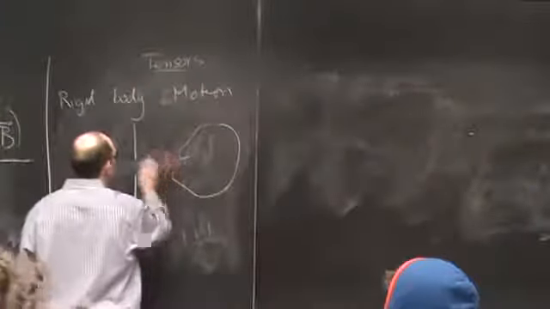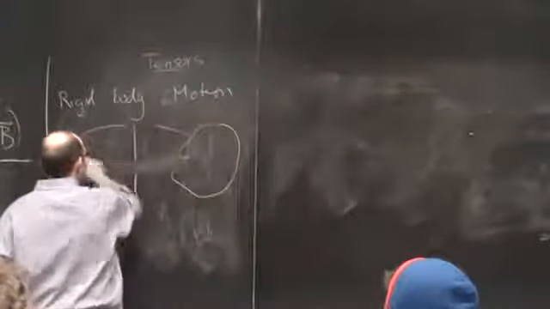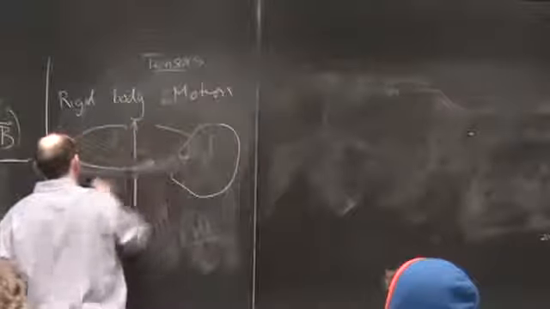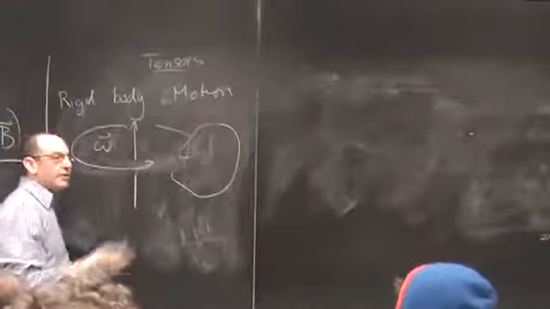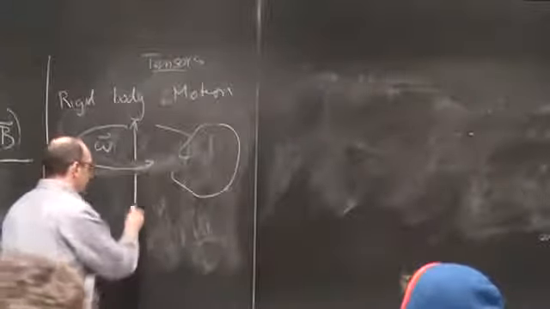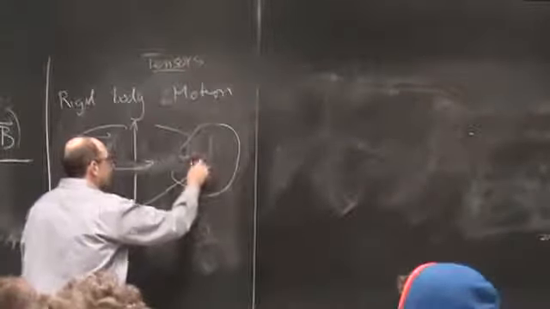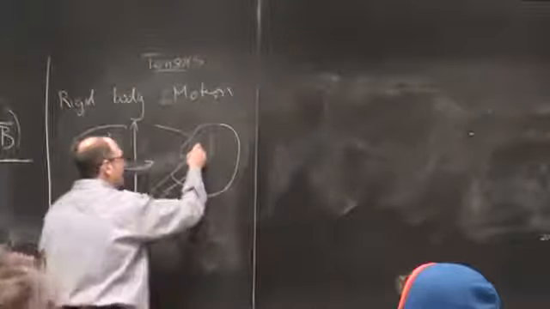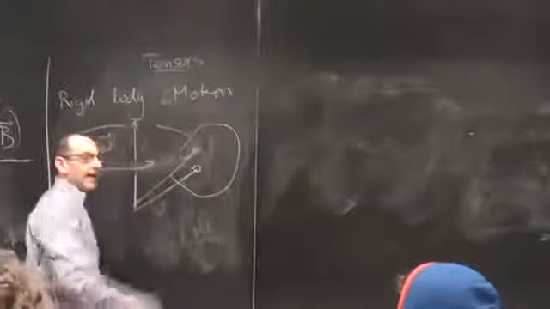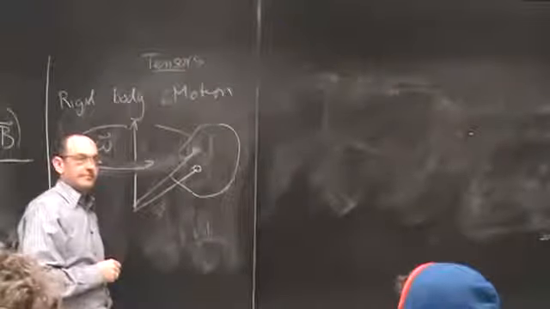Let's make it rotate the other way, around some axis with angular velocity omega, rigidly. So that means that every point in this rigid body is rotating at the same angular velocity, okay?